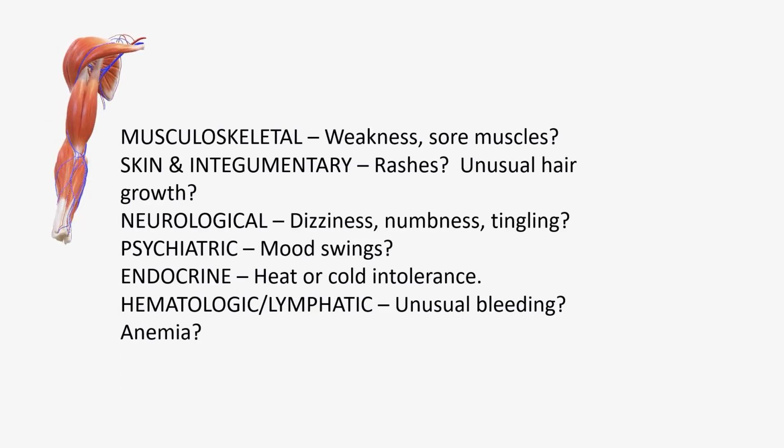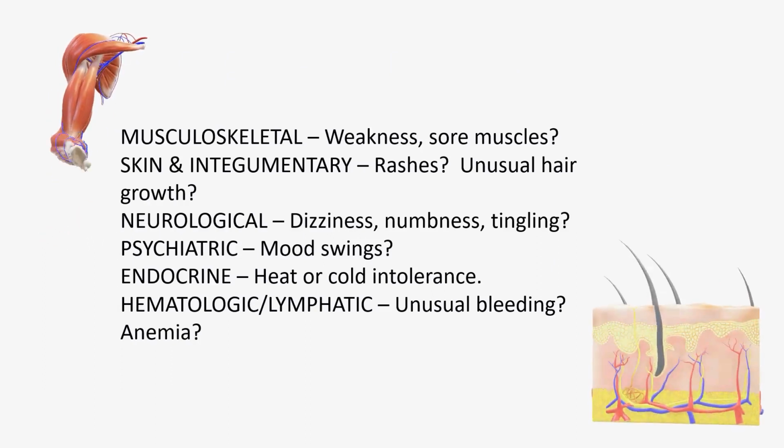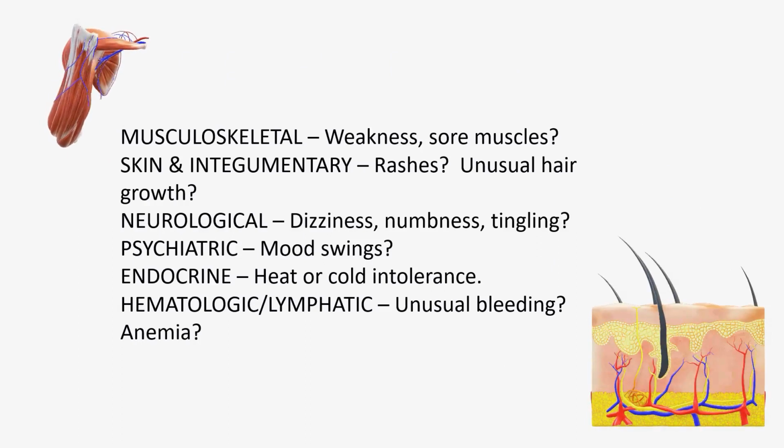Musculoskeletal, they might ask if you've got weak muscles. Skin and integumentary, rashes, unusual hair growth. Neurologic could involve dizziness, numbness, tingling. Psychiatric, mood swings. Endocrine, heat or cold intolerance. Hematologic or lymphatic, unusual bleeding or anemia.